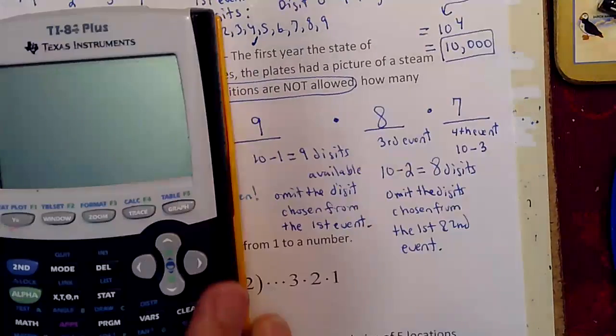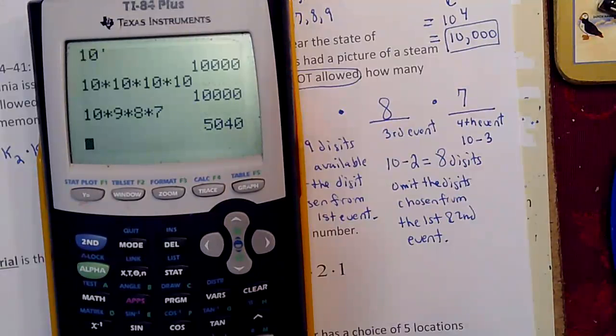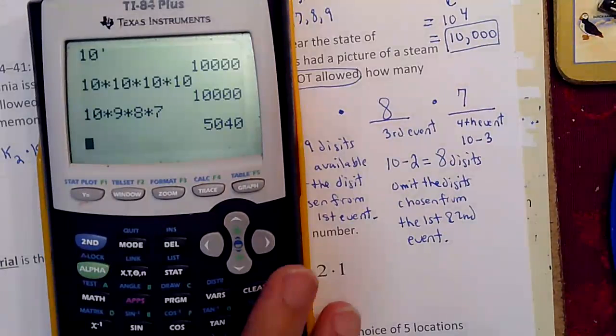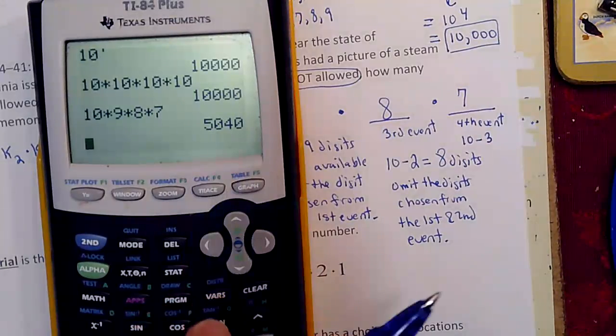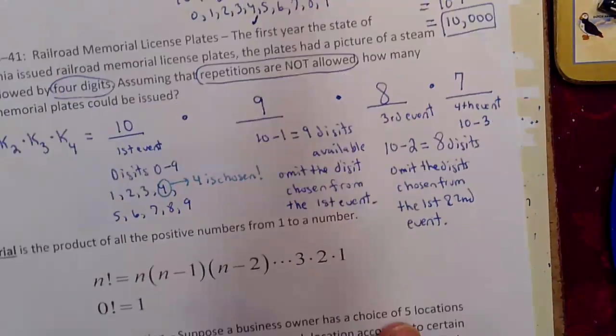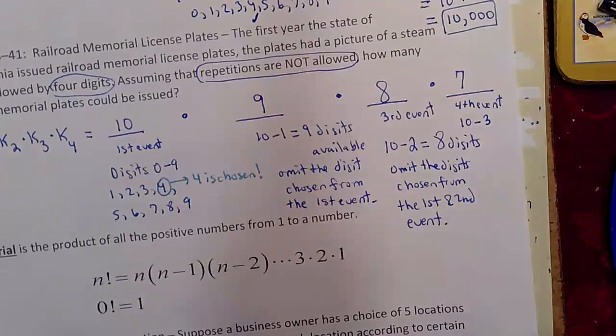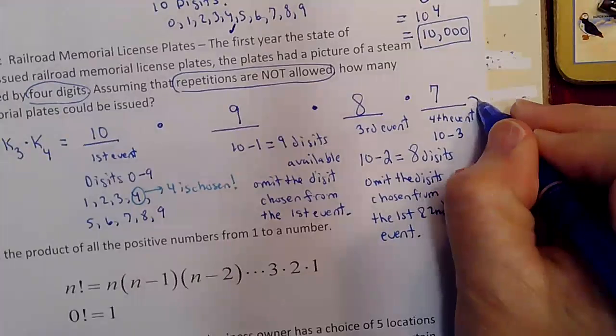So how much is that? 10 times 9 times 8 times 7. It looks like it's 5,040. The comma is optional. You can put it or leave it off. I don't know where I'm going to squeeze that, I guess here.